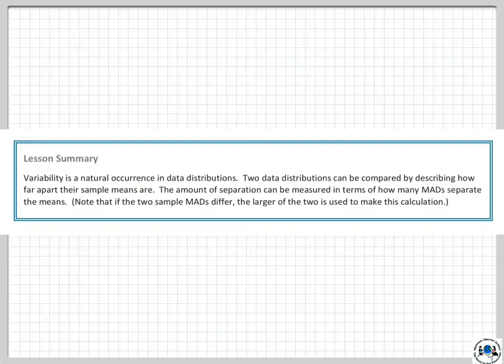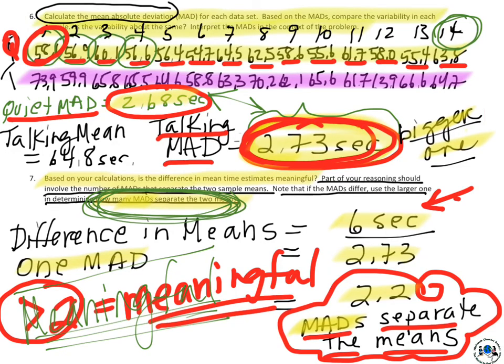But after performing this measurement, we can, quote unquote, safely say that the difference of 6 seconds between the quiet estimation and the talking estimation is due to something other than sampling variability. Alrighty. So I hope that's clearer than mud.